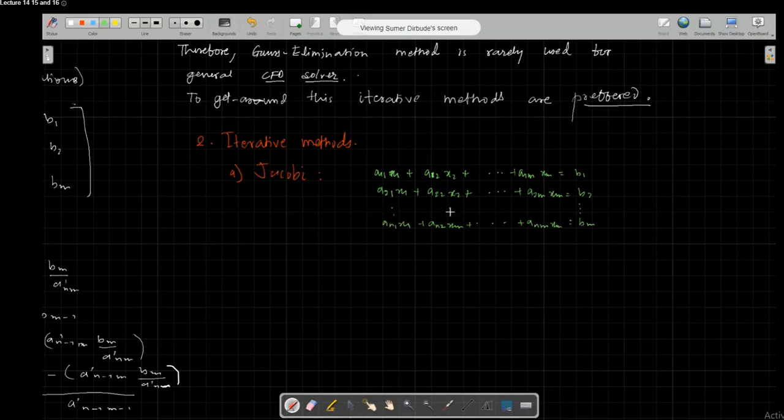Okay. These equations are written in this form.